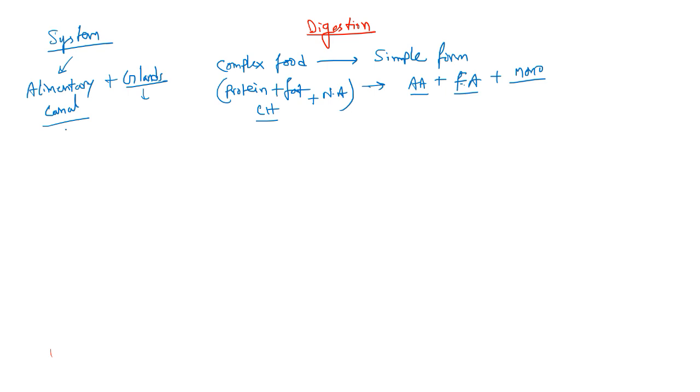The alimentary canal is simply a tract, a pipeline-like structure, starting from the mouth and ending in the anus. And for the glands, we have the liver, the gallbladder, and the pancreas. These are the examples. So these are the components of our digestive system.